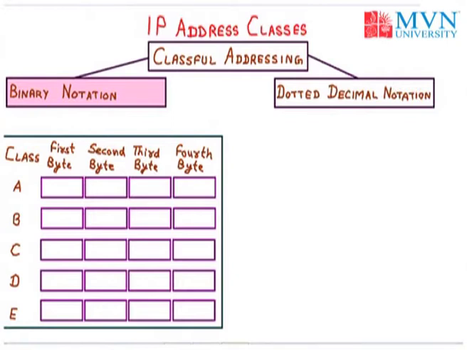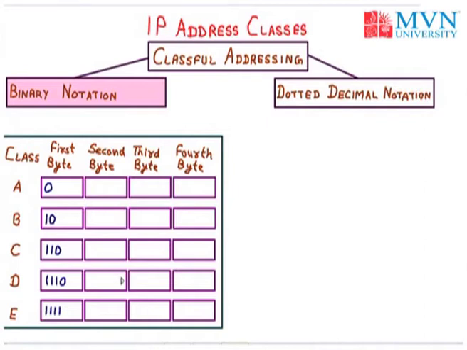Whenever the first byte of an IP address starts with 0, that is an IP of class A. If the binary IP starts with 10, that represents class B. If it starts with 110, then it is class C. If the IP is of class D, it must start with 1110. And if the IP address is of class E, it will start with four 1s. So these are the binary notation representations of IP address classes.